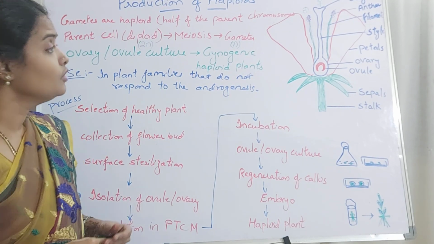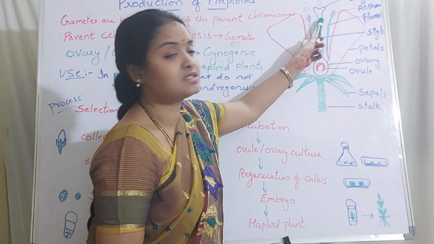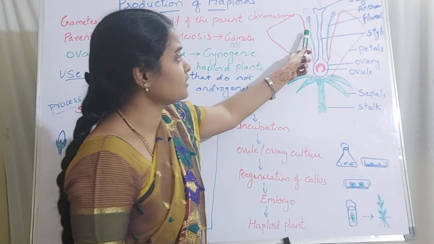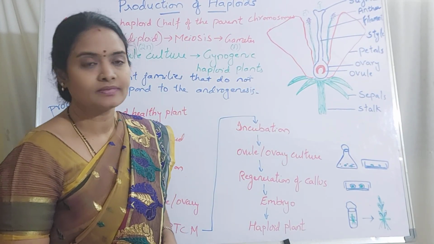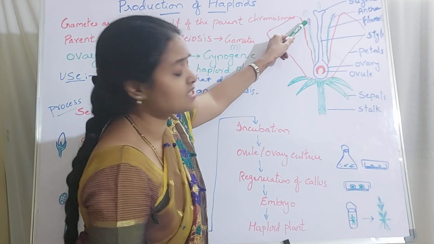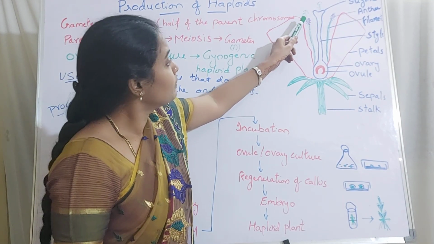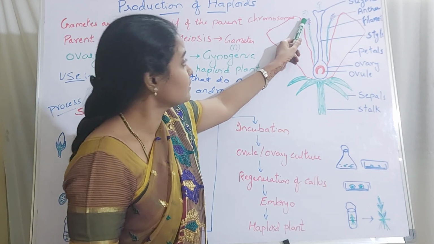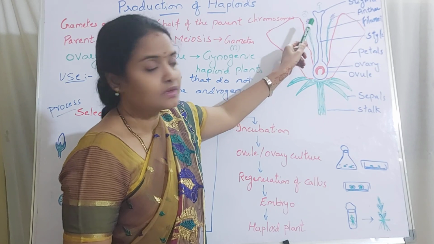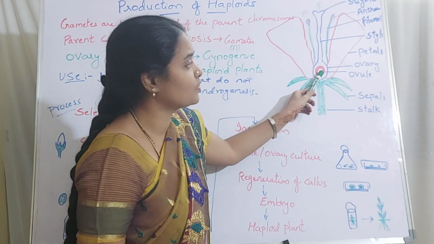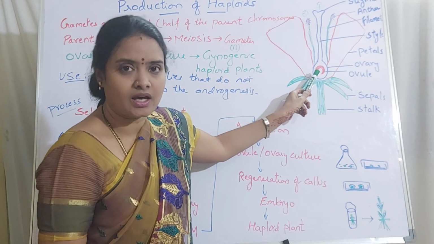So here, if the male and the female gametes get fertilized, it will result in the formation of a diploid zygote. That means the single set of chromosomes, n number of chromosomes present in the male gamete, that is the pollen grains, will fertilize the gynecium. Again, the female gamete consists of only n chromosomes, that is again it is haploid.